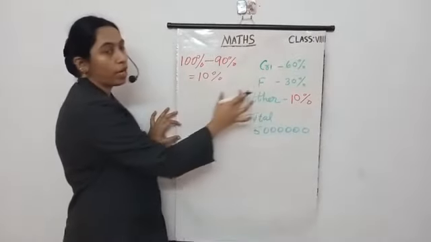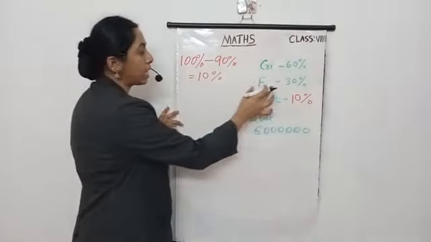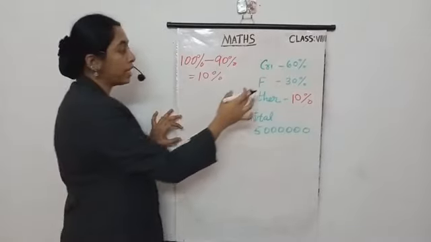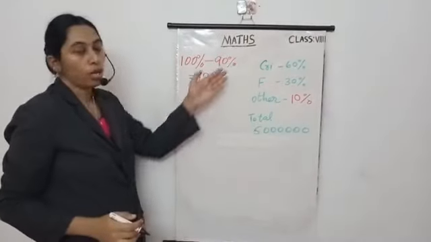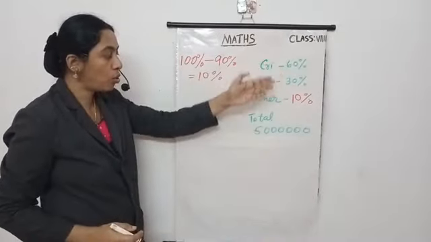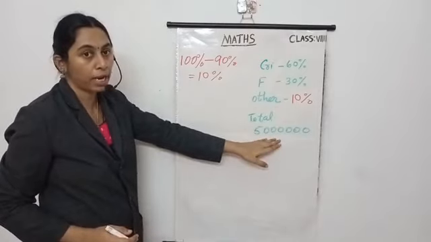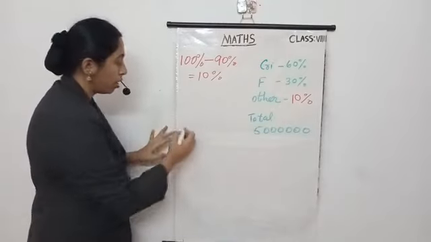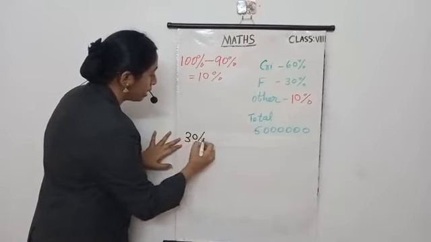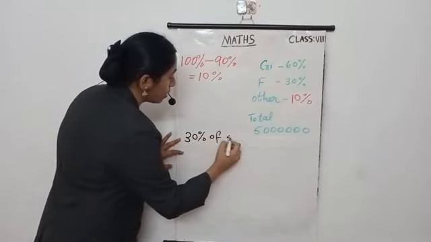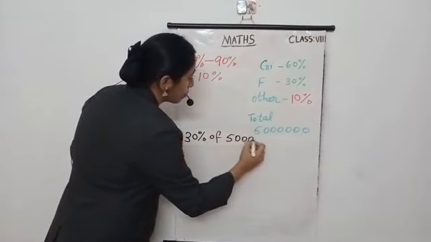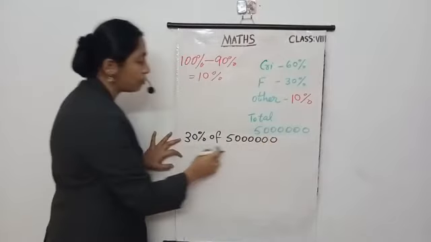Next we are going to find the number of people who like football. Now percentage is 30. So 30% of 50 lakh people like football.